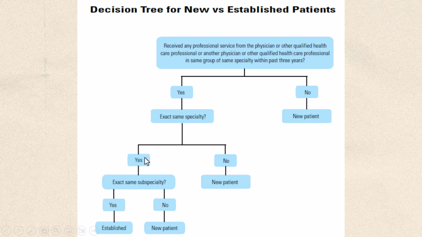If yes, then we have to check whether it is the exact same subspecialty. If no, it is a new patient. So this is the specialty, this is the subspecialty. If it is not the same subspecialty, he is considered a new patient. If it is the same subspecialty, he is considered an established patient. This is how patients are divided as new and established patients.